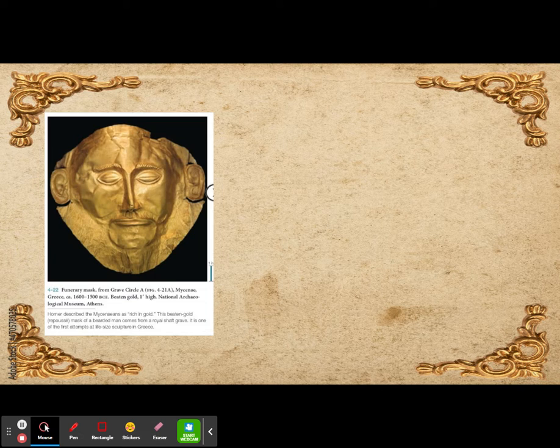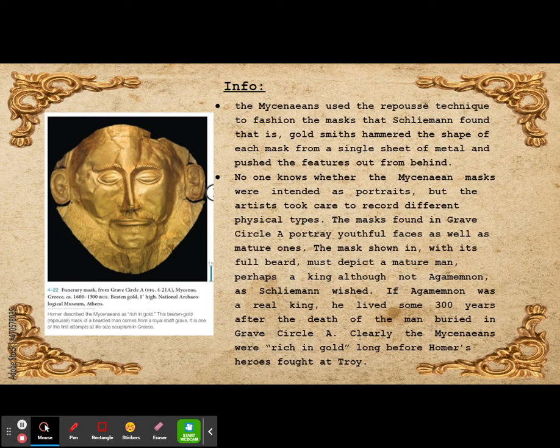So this piece is of a mask, technically a funeral mask, and this was found made by a goldsmith who hammered and shaped each mask from a single sheet of metal and pressed it firmly out from behind.